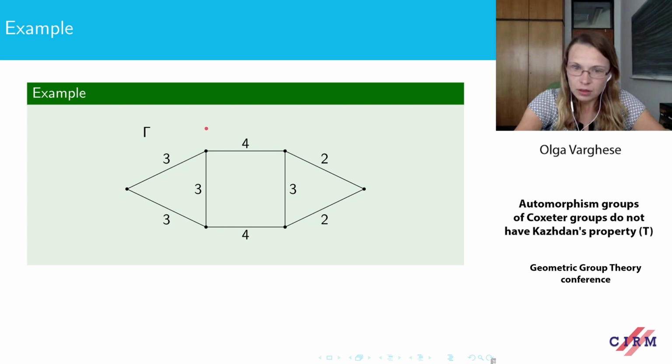So let us consider this triangle. The triangle is a maximal complete subgraph in the graph gamma. The corresponding special Coxeter subgroup is an affine one of type A2 tilde. It is irreducible, and irreducible Coxeter groups have always trivial center. Hence, the automorphism group has no property T by part 1 of the main theorem.